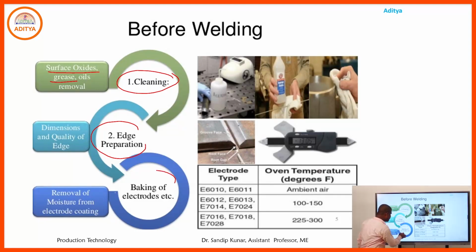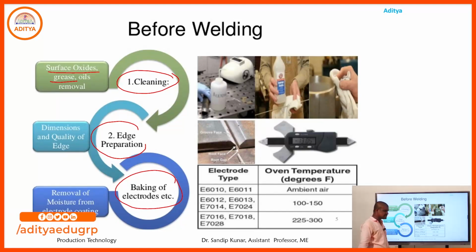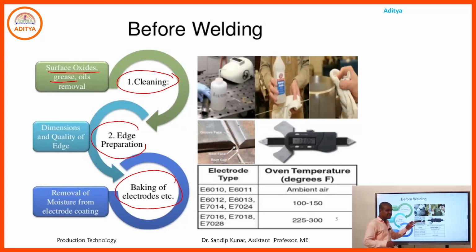Another is baking of electrodes, means removal of the moisture from the electrode coating. When we use the welding electrode, sometimes it is coated, so from that area we remove the moisture. That is very important. Those are some welding cleaning processes. We use some acetone, and also some other liquids or solid materials, to clean the metal surfaces before welding.